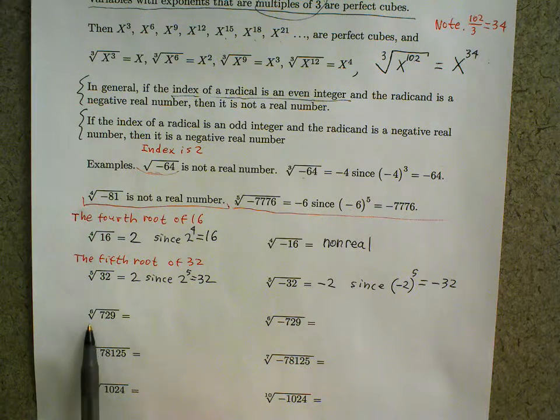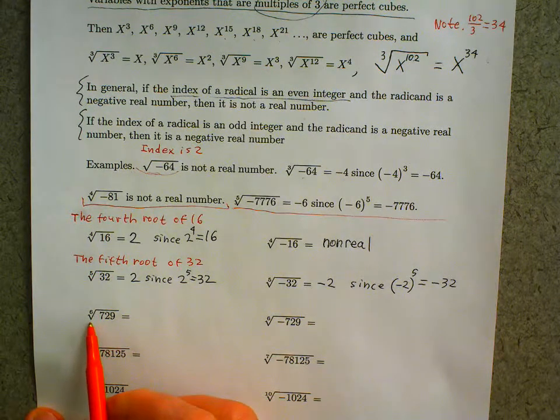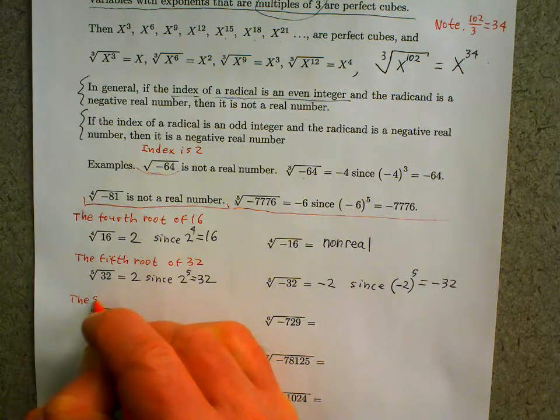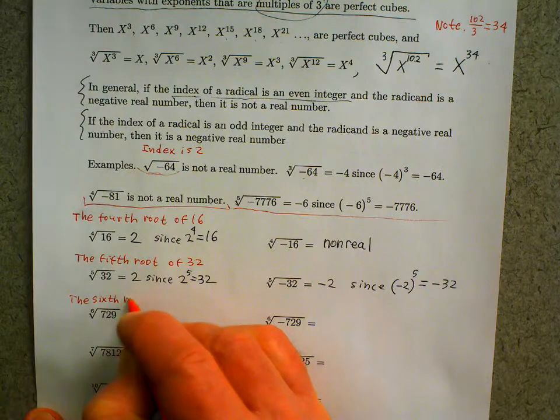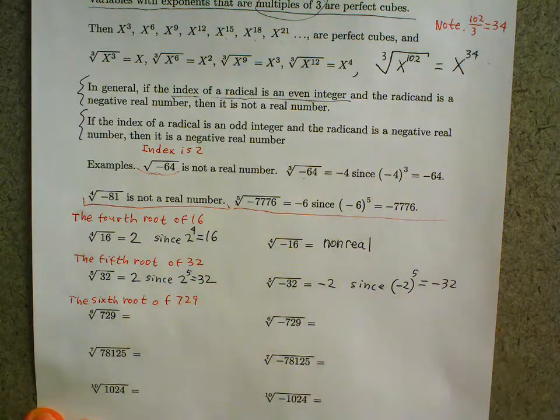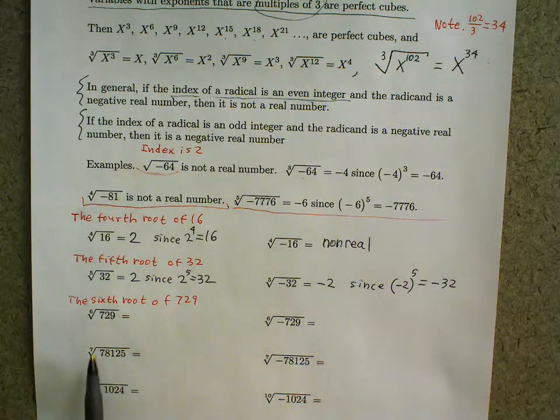All right, the next one, the sixth root of 729. So we read this as the sixth root of 729. Does that simplify to a positive integer?